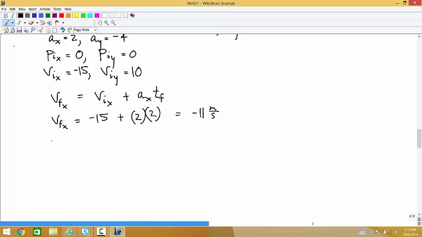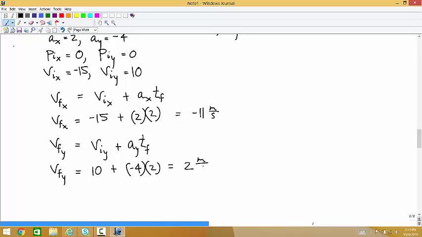And to calculate VFY, we'll use the y version of that equation. VFY is equal to VIY plus AY TF. So VFY is equal to 10 plus negative 4 times 2, and that is positive 2 meters per second.